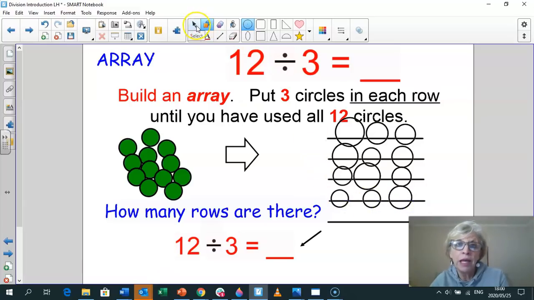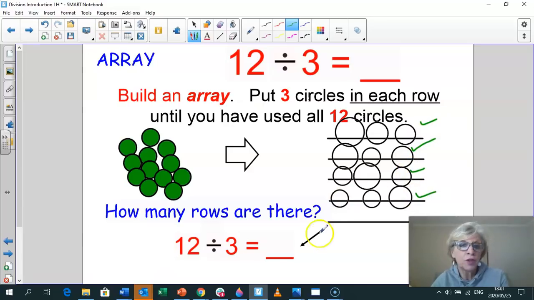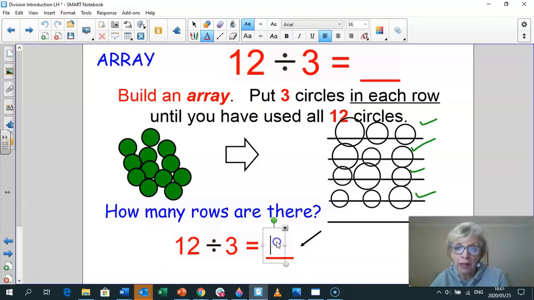How many rows have I used, guys? 1 row, 2, 3, 4. So there again, now this arrow points to the answer here. If I've shared out 3 in rows or in building up an array, then I have the answer 4 as well. 12 divided by 3 equals 4. That is building up an array.